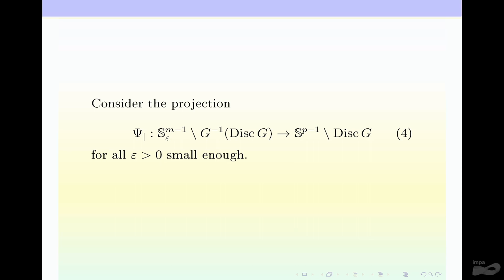Since you are asking this to be radial, when you take the pre-image here, you are removing all the fibers which will be projected by psi G on this. So this is very well defined if you ask for a radial discriminant.